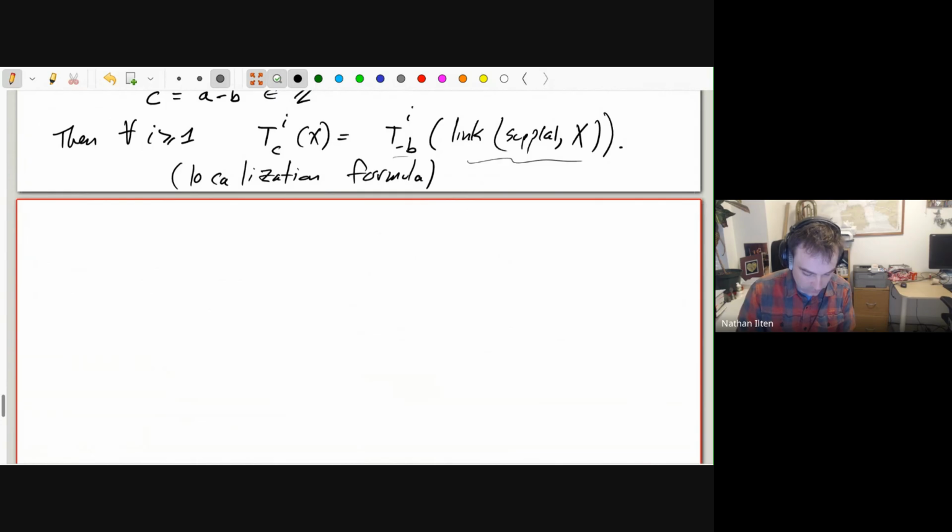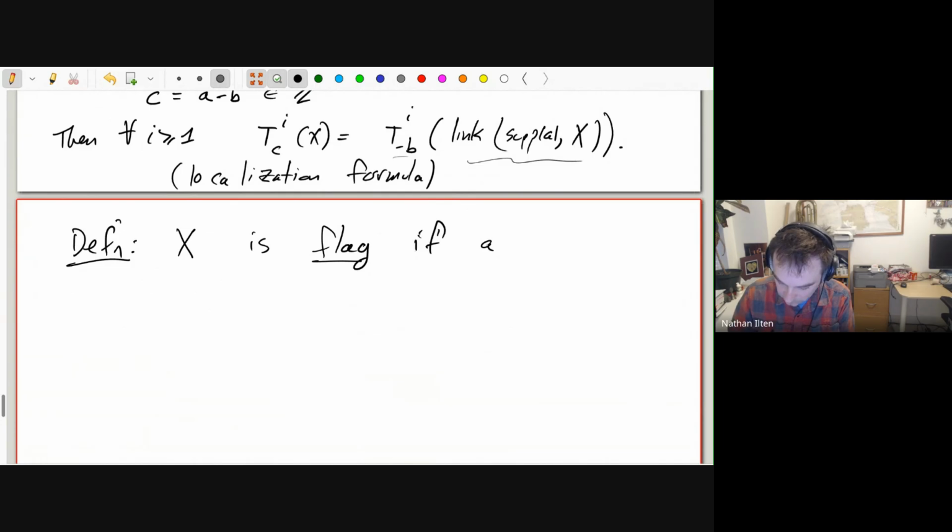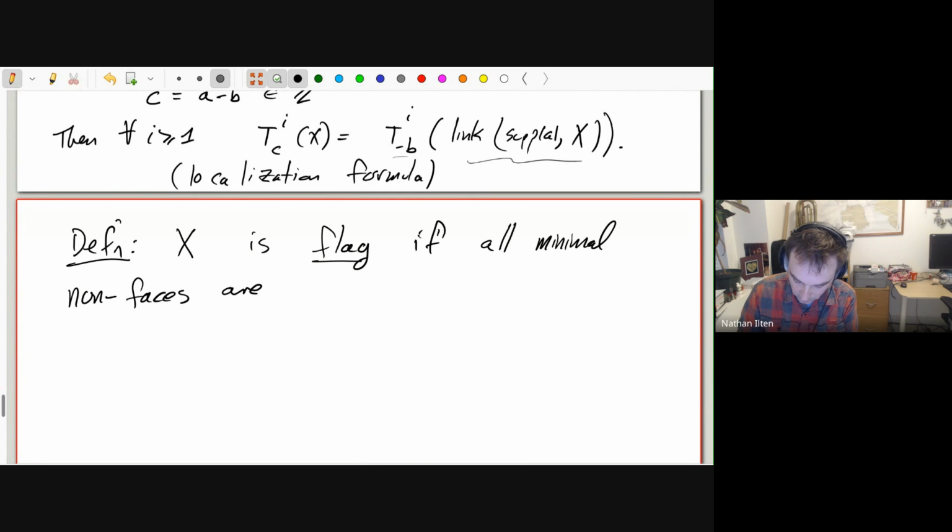Okay, and so to state results here, I wanted to introduce a little bit more notation again. The first thing that I want is to know what a flag complex is. Definition: a complex X is flag if all minimal non-faces are edges.